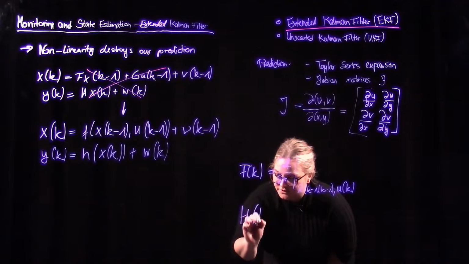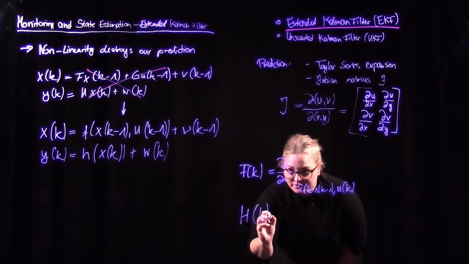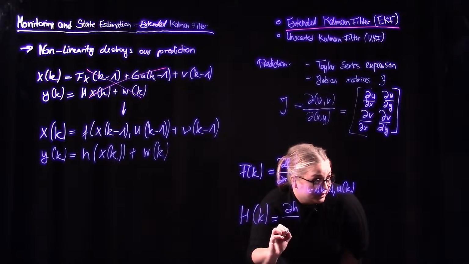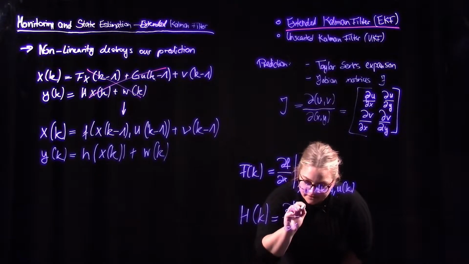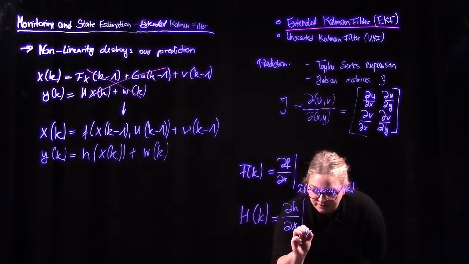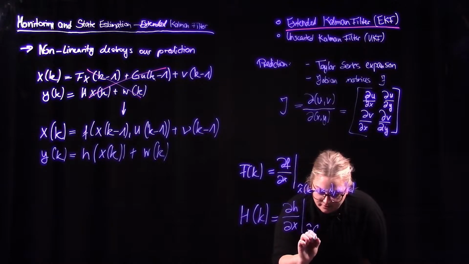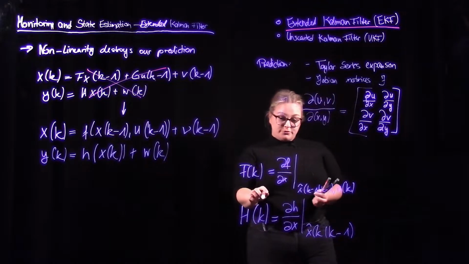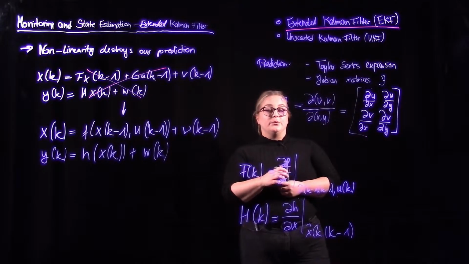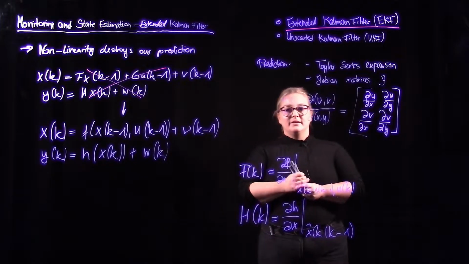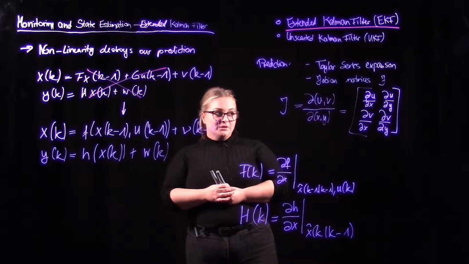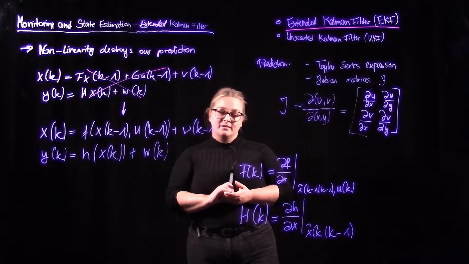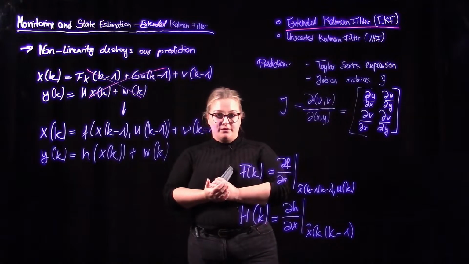For our observation matrix H, we will be looking at delta H over delta x at our state k, k minus 1. Those two are important to calculate our estimation in the end. In the next step, we will calculate that estimation again with our three steps that we already know.